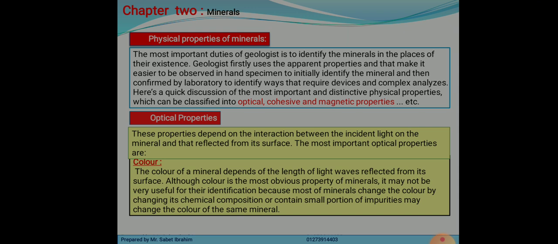In general, the color of a mineral depends on the wavelengths of light reflected from its surface. The color changes according to the amount of impurities or by changing the chemical composition.